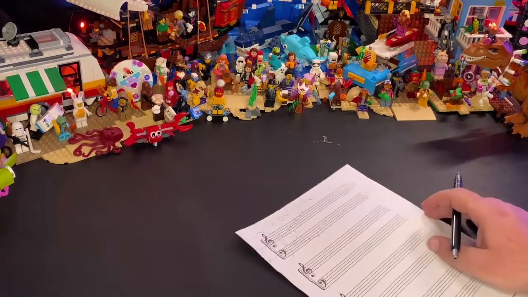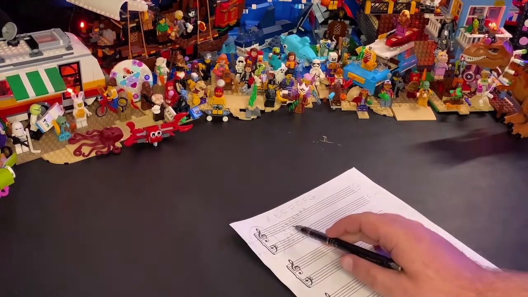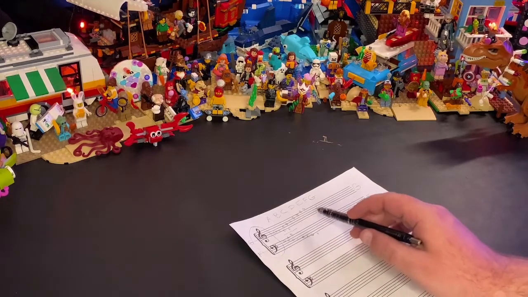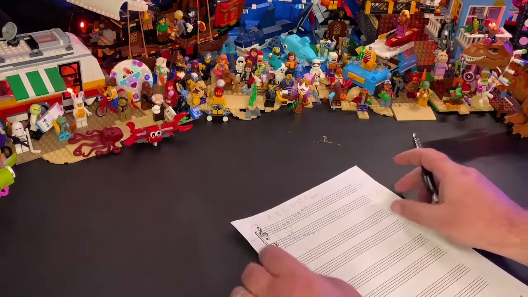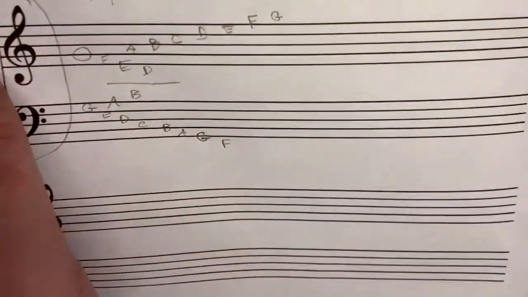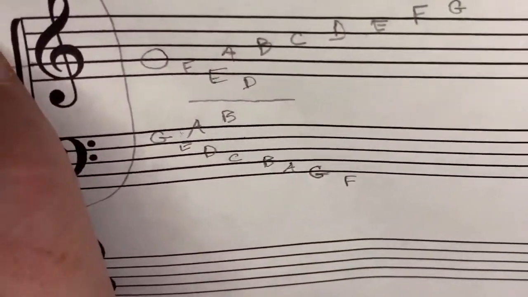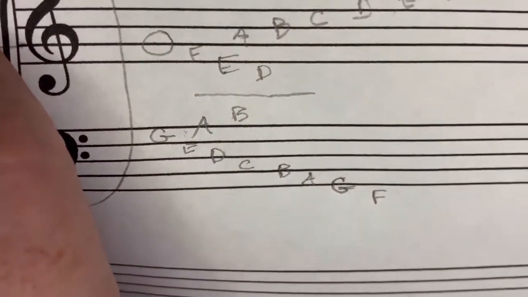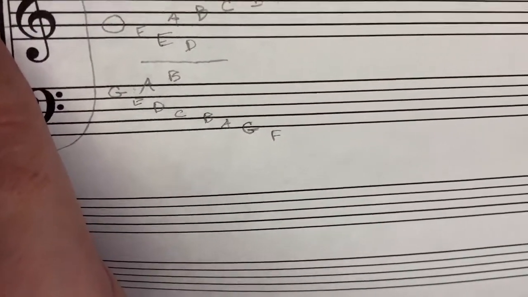And we can even write in our own line like that. And lines that you write in yourself above or below the staff are called ledger lines. So we can write in our own ledger lines like that.